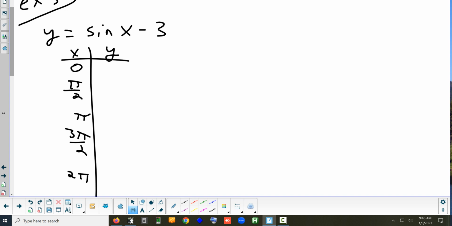And how about y? What are my original y values for sine? 1, 0, -1, 0, 1. Okay, if you put those here, you would be graphing cosine x minus 3. Would it be 1, 0, -1, 0, 1, minus 3?